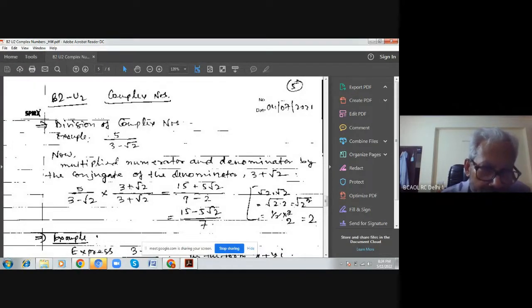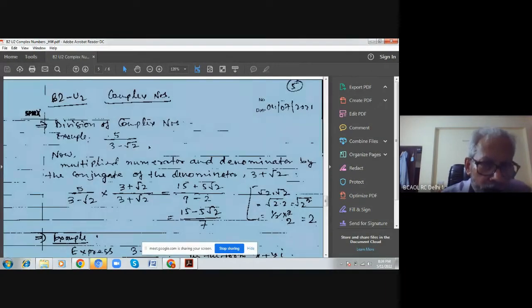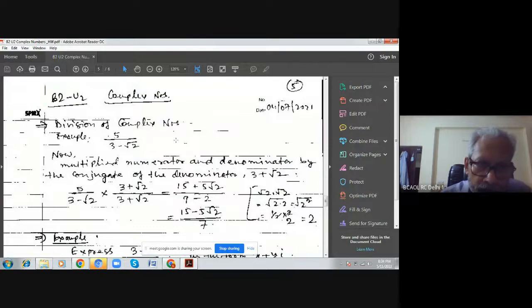That's why it is 3 plus root 2. Suppose, for example, it is 3 plus root 2, then the conjugate will be 3 minus root 2. If it is a minus, you have to take plus; if it is a plus, you have to take a minus. So the sign will be changed. Again, I am repeating what I mean to say.